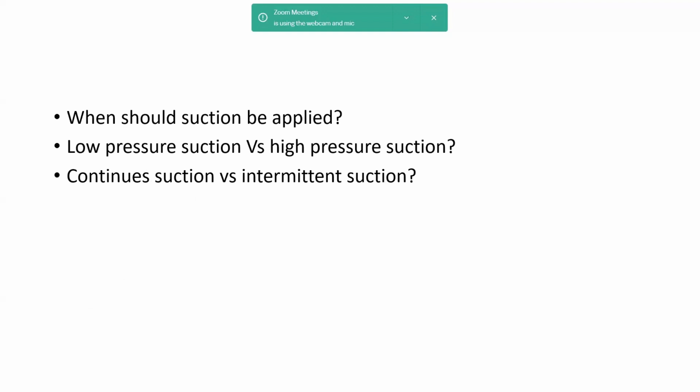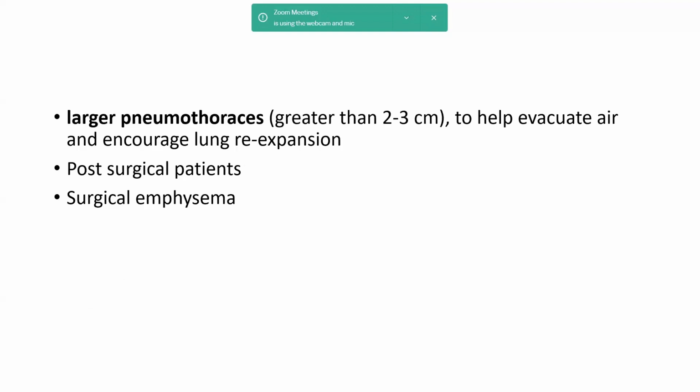Right, suction. Three questions. Suction, yes or no? What suction? Is it high pressure or low pressure? Continuous or intermittent? Now, suction is not always indicated. If there's a large pneumothorax, this is again BTS guidelines, it can help in evacuating the air and encourage the lung expansion.